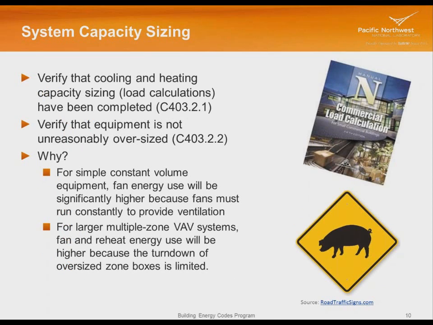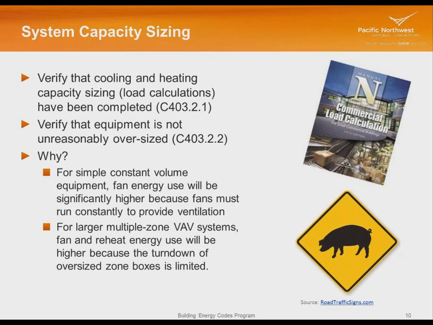So in all cases in buildings, the code requires that someone do an actual load calculation. This can be done with computer software. There's Manual N for commercial load calculations by ACCA. And it's important to make sure that someone has actually done a load calculation.